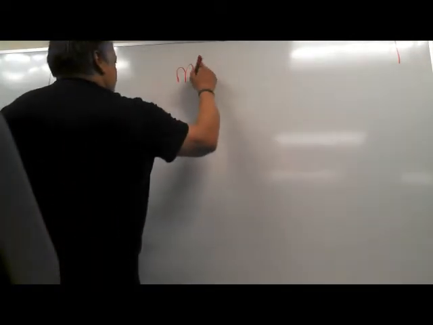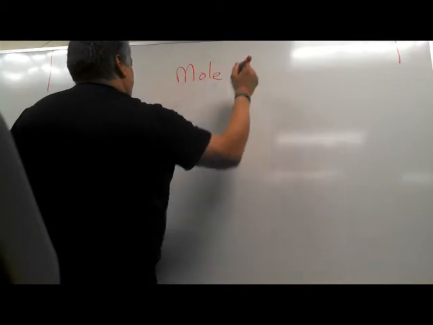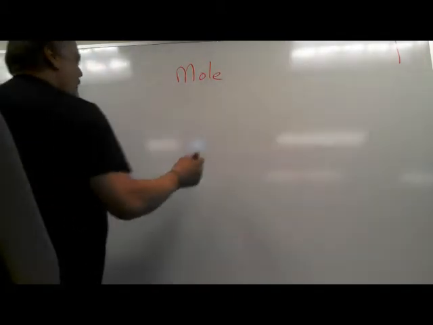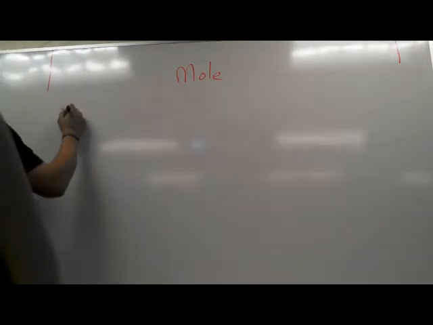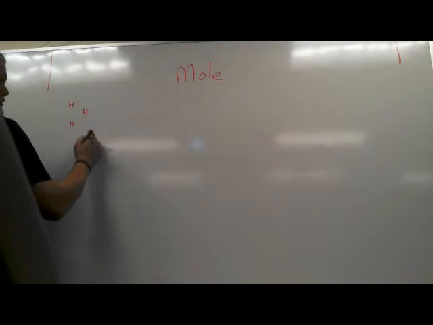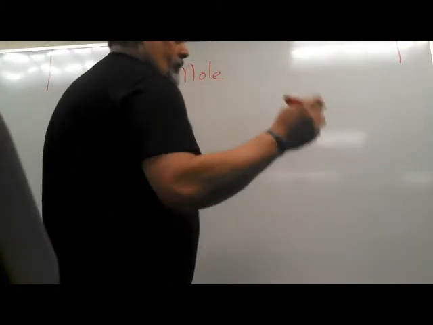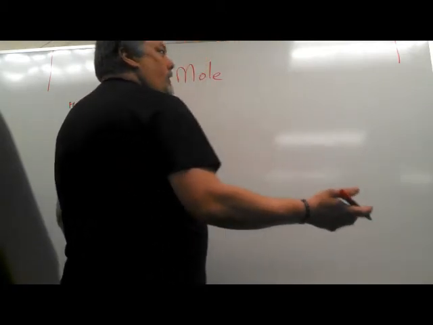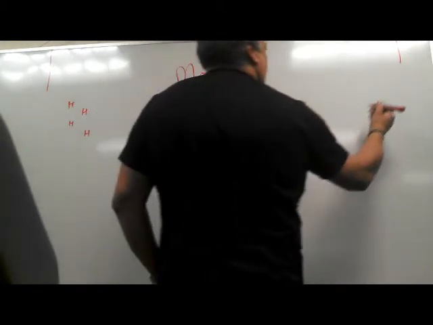Let me explain a little bit about what the mole is. A mole is simply a reference to be able to take very small things, like atoms of hydrogen, for instance, or very, very large things, like the number of molecules of water in a gallon of water.